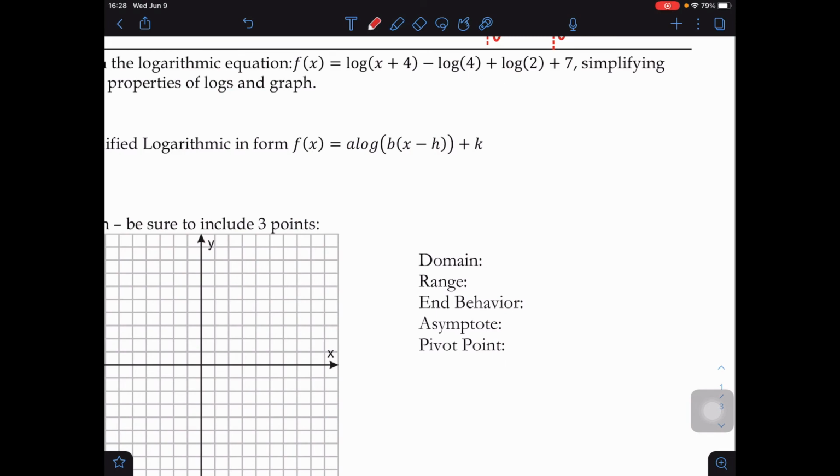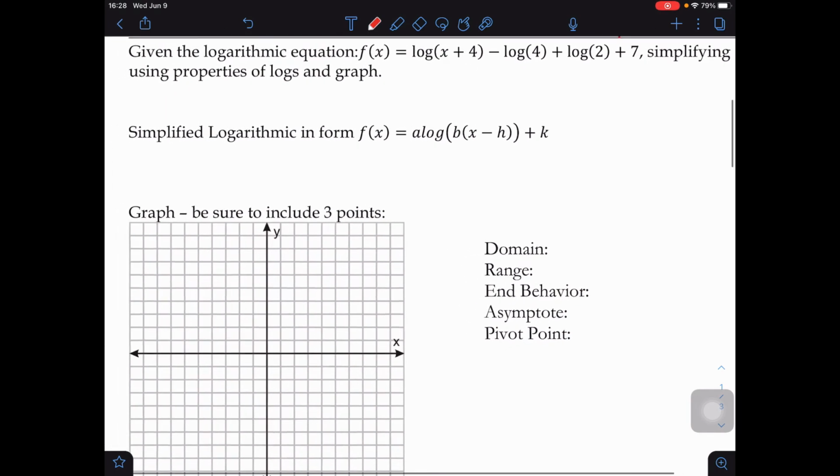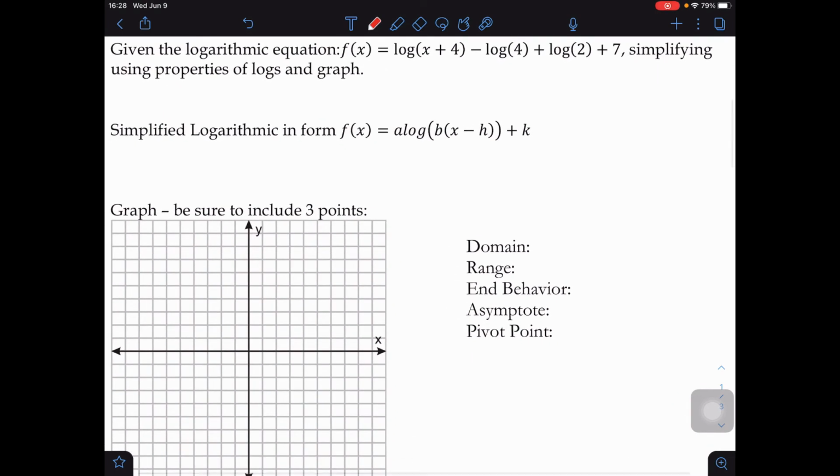Alright, so now we have to solve this problem. So basically, I have to take this big log and simplify it. So already I can see this +7 and this +4 right here. It looks like these would be the h and k values. So let's just write this out like this. Alright, so we already have that.